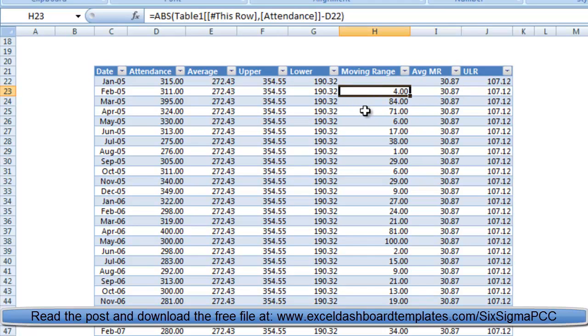And then he took the average of this moving range. And then he also has a ULR, which is the upper limit of the moving range. And so what he did is he multiplied the value in the average times 3.47. So this will help you see different spikes and other things within the graph.